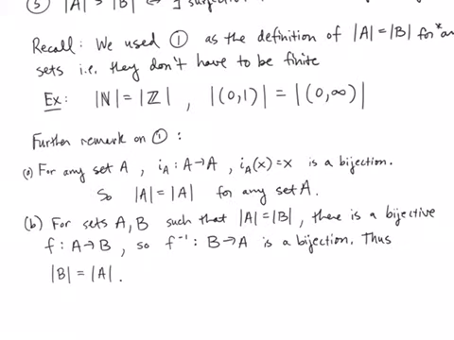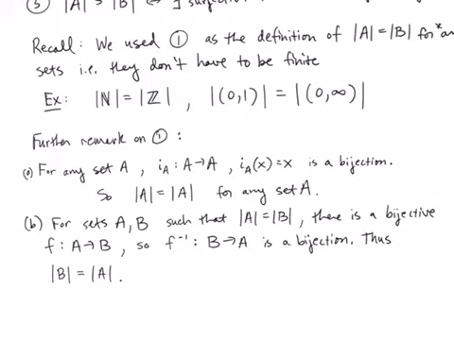Secondly, if we have 2 sets A and B such that the cardinality of A equals the cardinality of B, what that means is that there's a bijective function from A to B. And then if we consider the inverse of that function, since it's bijective, it has an inverse, just flip the arrows around, that's going to be a bijective function from B to A. So the cardinality of B equals the cardinality of A. We have to be a little bit careful about our definition: cardinality of A equals cardinality of B means that there exists a bijective function from A to B. So it's actually kind of directed.